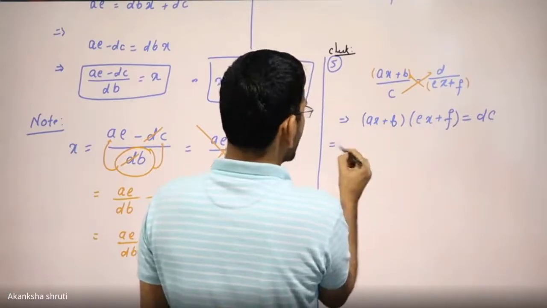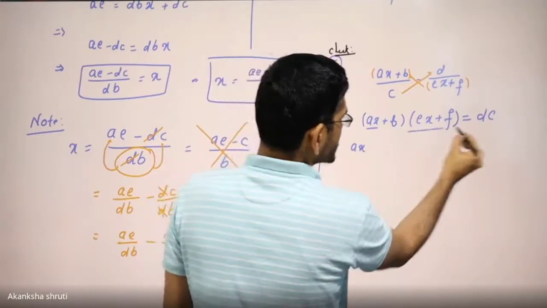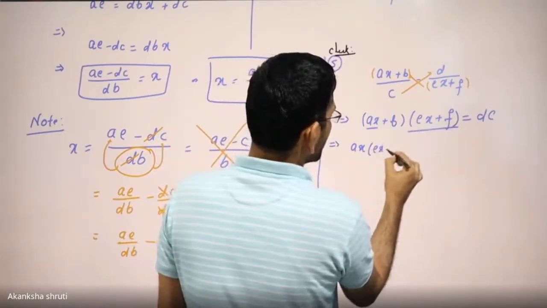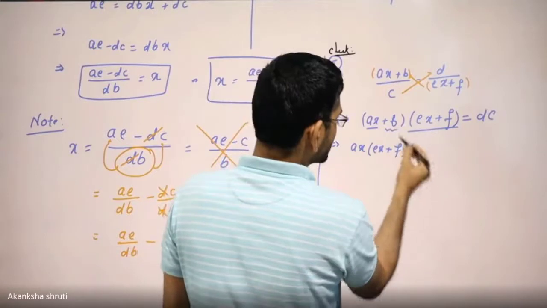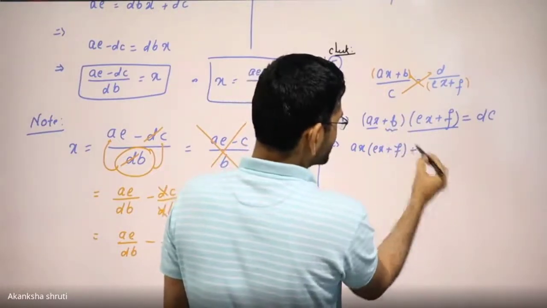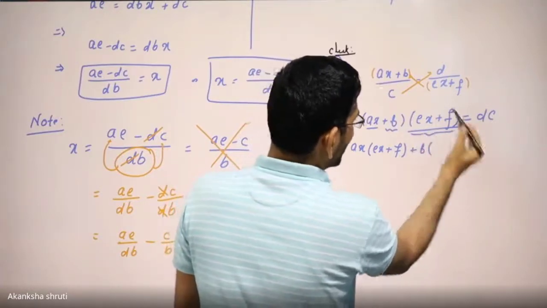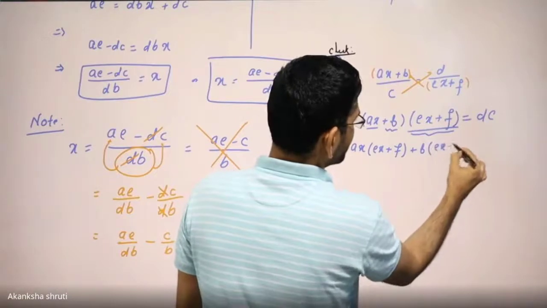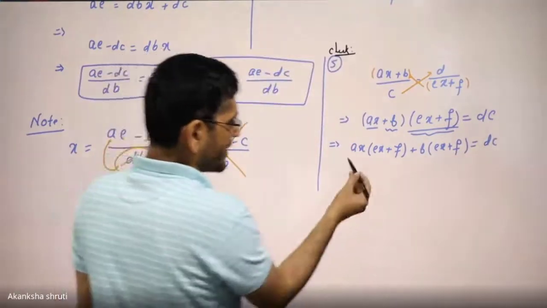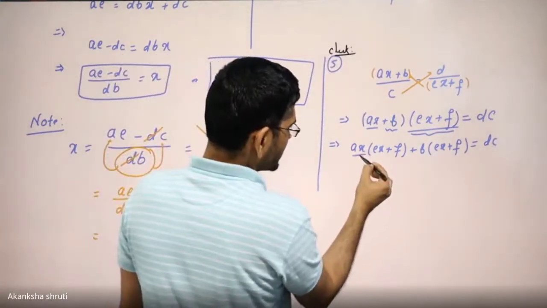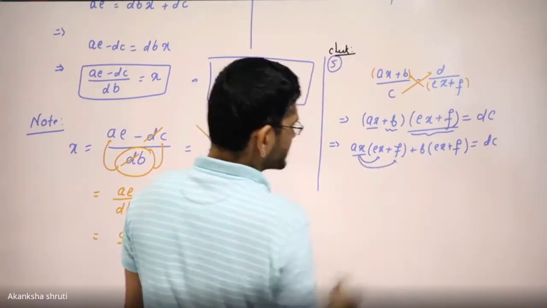First I need to take the first term of the first bracket, ax, times this entire bracket (ex plus f), then the second term of the first bracket with its sign, which is b, times again this entire bracket (ex plus f), equal to dc. Students, now we apply the distributive rule for each of these brackets: ax will multiply to this ex, and ax will also multiply to this f.